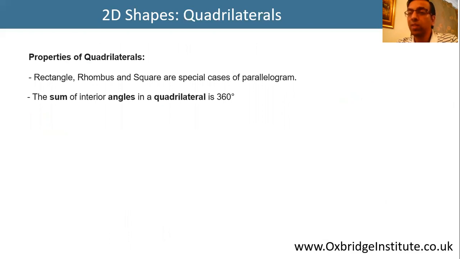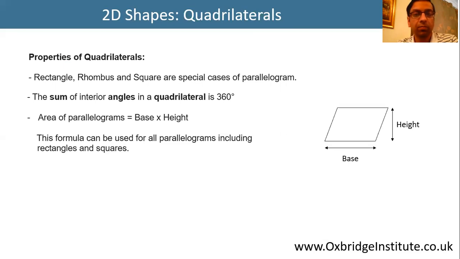So in case you are given 3 of the angles and you have to find out the 4th, it's not going to be that difficult. Area of a parallelogram is base into height. So this formula can be used for all parallelograms, including rectangles and squares. In a square and rectangle, we know it's the product of the sides anyway. So this is applicable to all parallelograms.